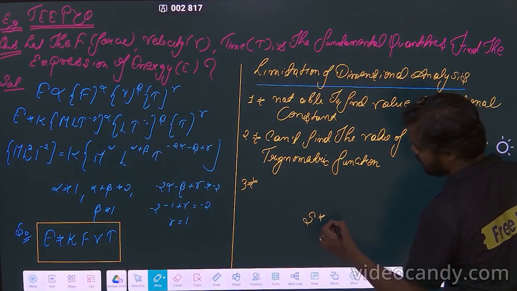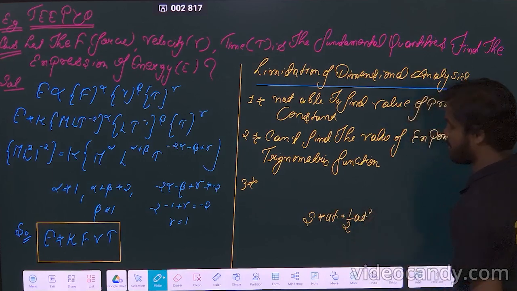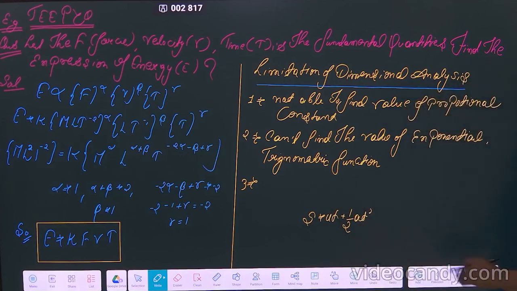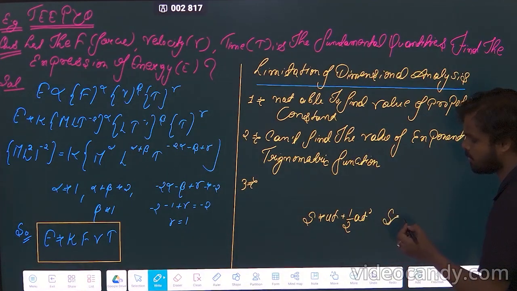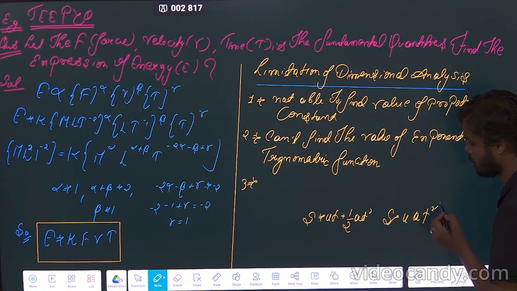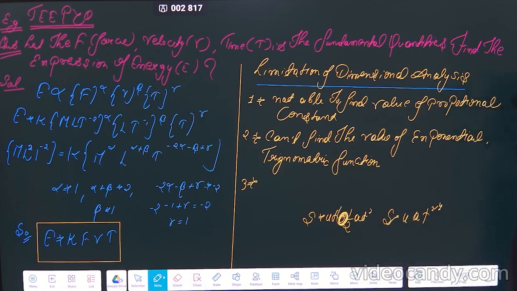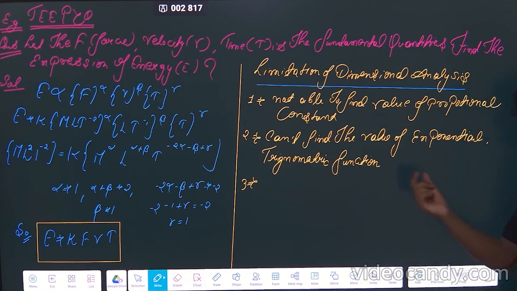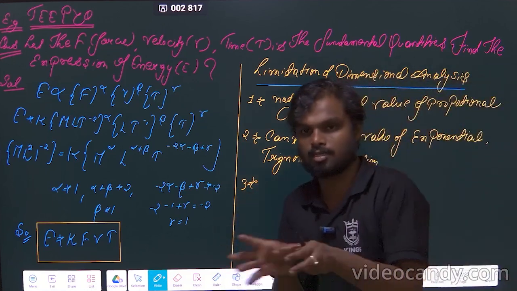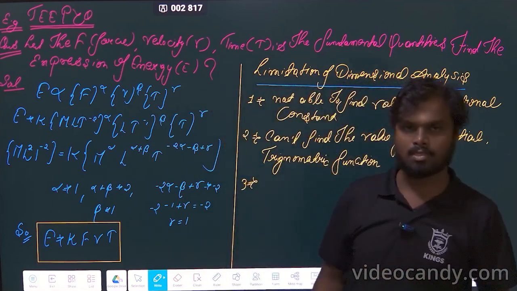Suppose this is my equation, s is equal to ut plus half at square. If you derive this equation by dimensional analysis, you will get an expression like u to the power 1, a to the power 1, t to the power 1, but you won't get the plus sign. You can't derive that expression. Suppose there is a sum or difference of expressions, there you can't apply dimensional analysis and get the correct formula.